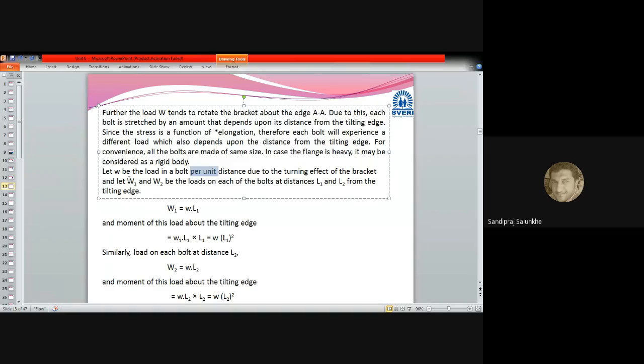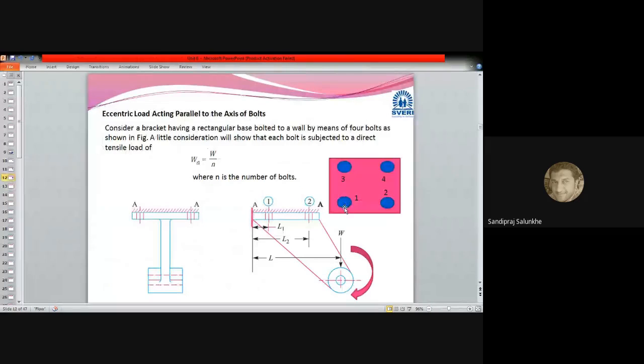Now this capital W suffix 1 and capital W suffix 2 are the loads on each of the bolts at a distance L1 and L2. The load which is coming in bolts number 1 and 3 will be the same, as well as the load in 2 and 4, due to tilting.